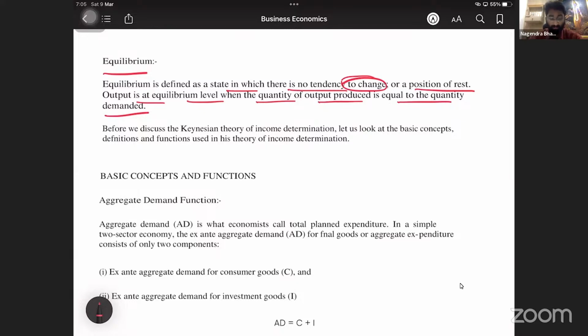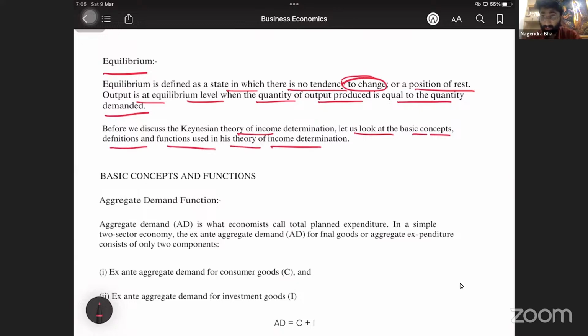Before we discuss the Keynesian theory of income determination, let us look at the basic concepts. Some of the basic concepts we have to understand now. Once we understand the basic concepts, we will go to the Keynesian theory. Basic concepts, definitions, and functions used in this theory of income determination.